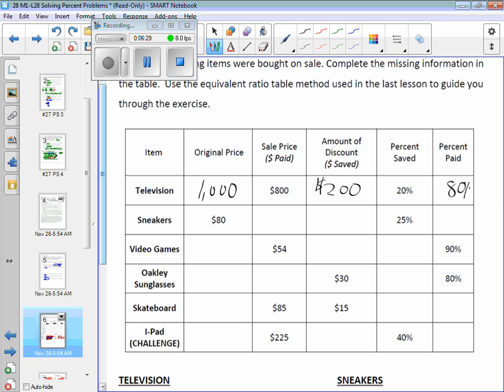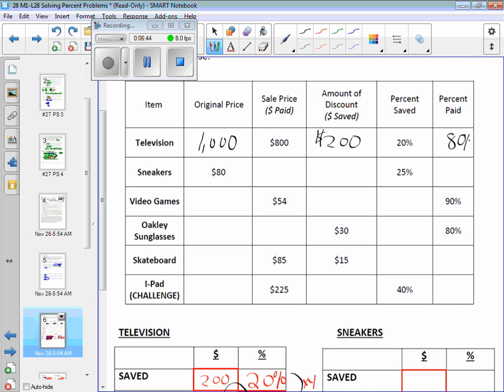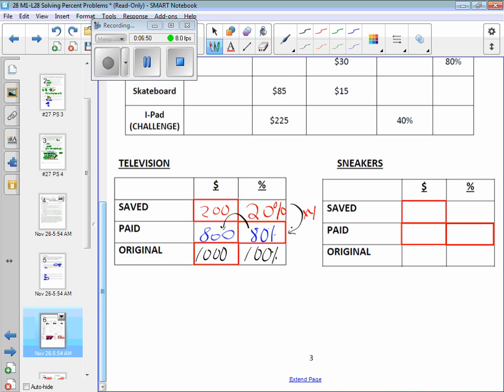Let's do one more together. Let's do the sneakers. Alex, where does the $80 go in the next template here? Look back. Now look, $80. Original price. Where does it go? Right there.